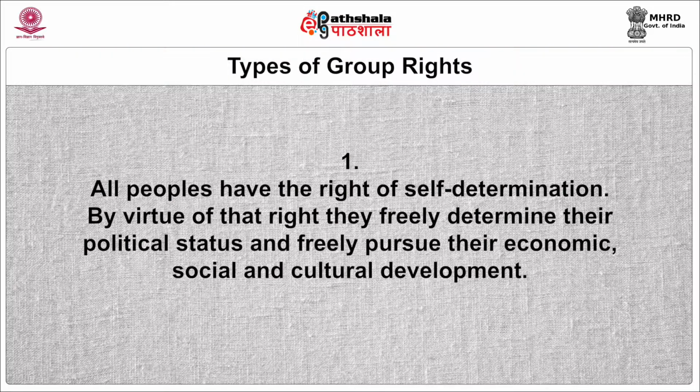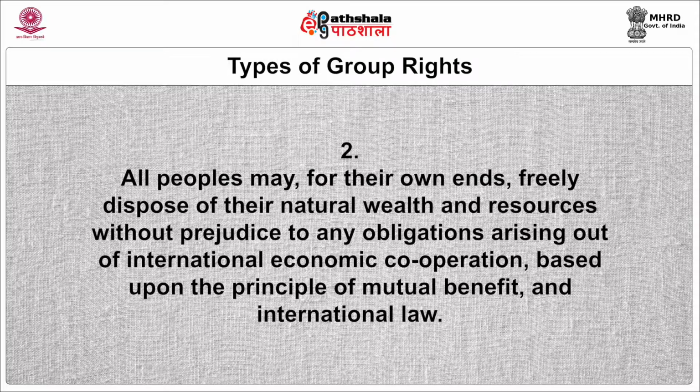The article goes thus: all peoples have the right of self-determination. By virtue of that right, they freely determine their political status and freely pursue their economic, social and cultural development. All peoples may, for their own ends, freely dispose of their natural wealth and resources without prejudice to any obligations arising out of international economic cooperation based upon the principle of mutual benefit and international law.